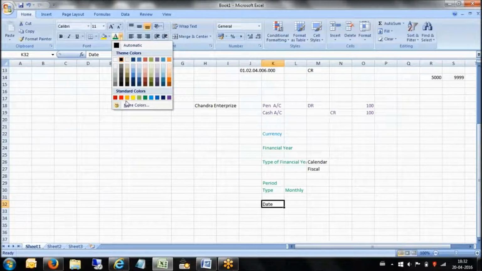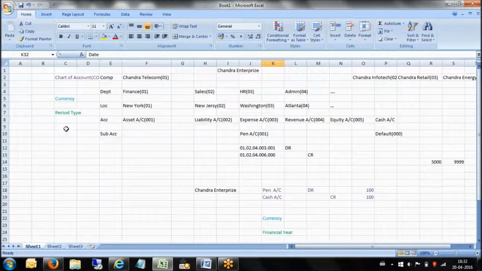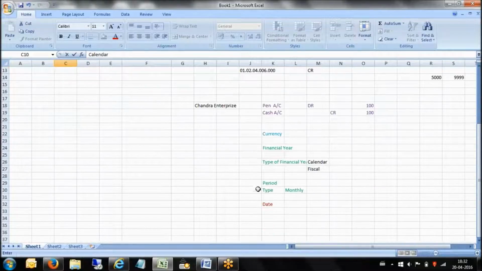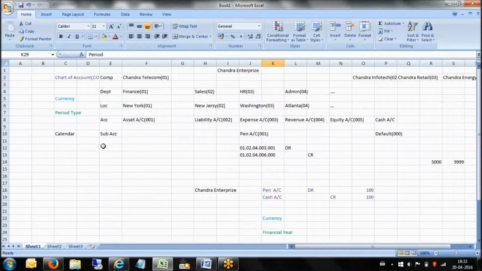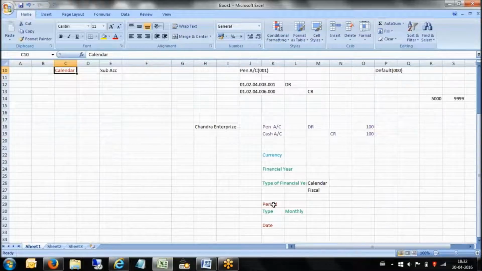To default the dates, we are given one setup screen, that is called calendar. In fact, this thing and these two things are decided in calendar. We will define the periods also, January, February, March, April, and dates will be defaulted from that only on transactions.